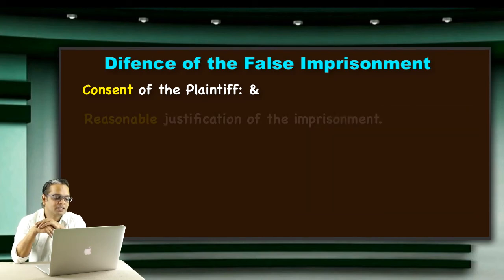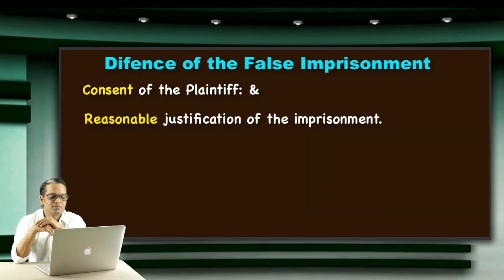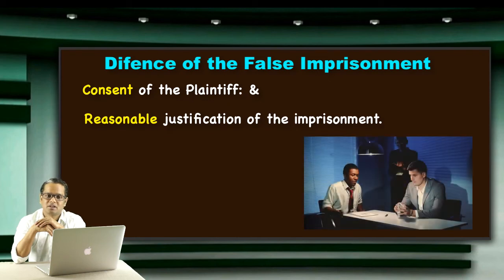The second one is reasonable justification of the imprisonment. If you reasonably and lawfully justify such confinement, then you are not responsible. So consent of the claimant and lawful justification by the defendant, these two are the defenses against wrongful imprisonment.